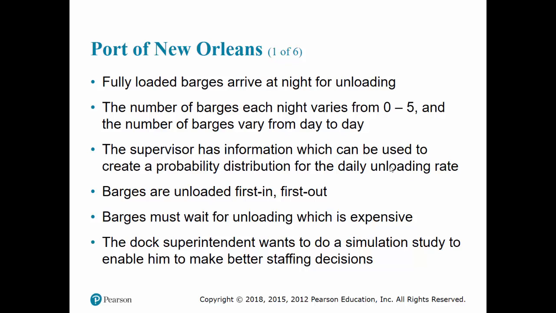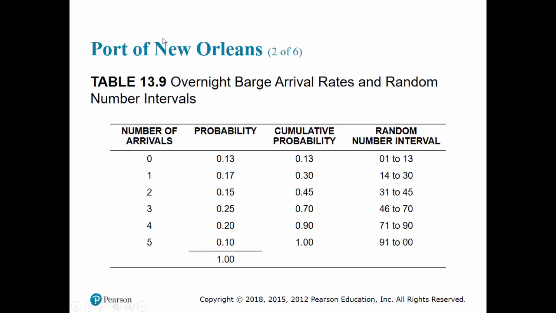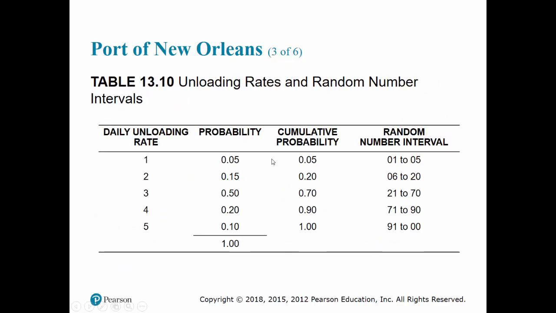Right now, 0 to 5 barges arrive every night, and we have a probability distribution like this for the number of arrivals, and then the unloading rate, again from past experience, and we have a probability distribution for that.